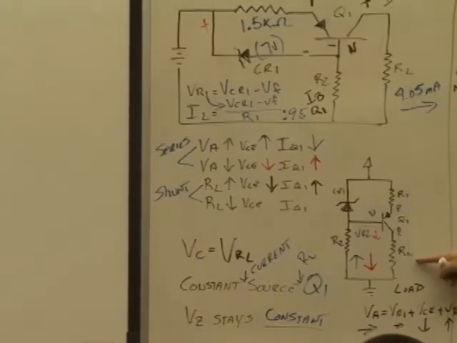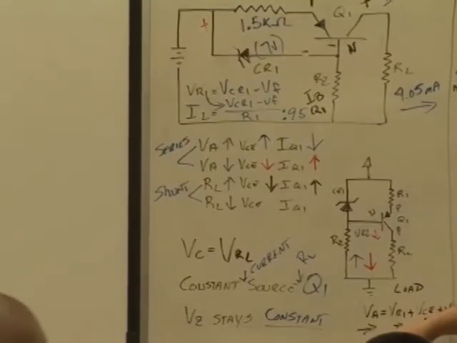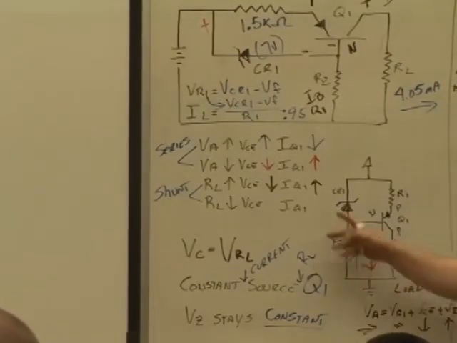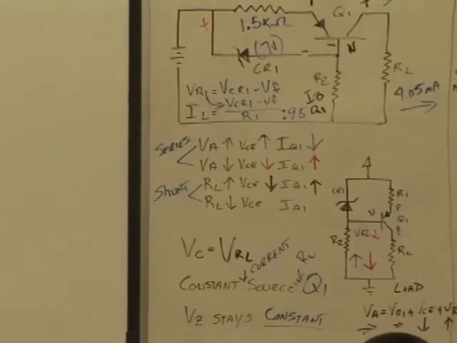VCE and VRL equal the source, don't they? So if this happens, the VCE must do this to compensate and equal the same line, because the line voltage isn't being changed this time. The transistor is going to conduct a little bit more, supplying a little more current to the load, so it remains relatively constant.